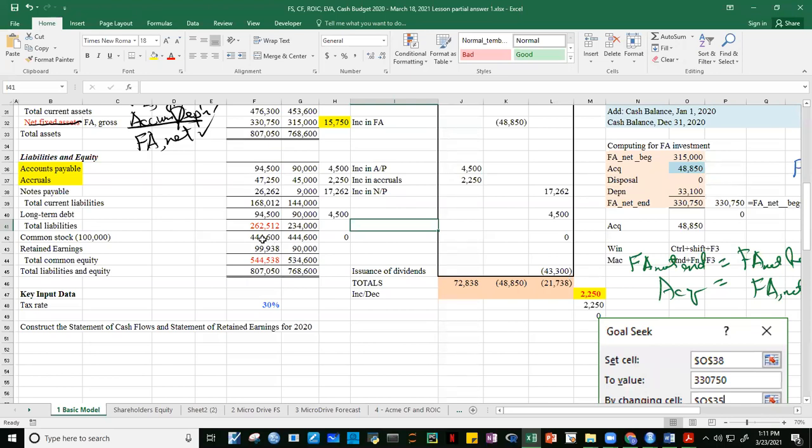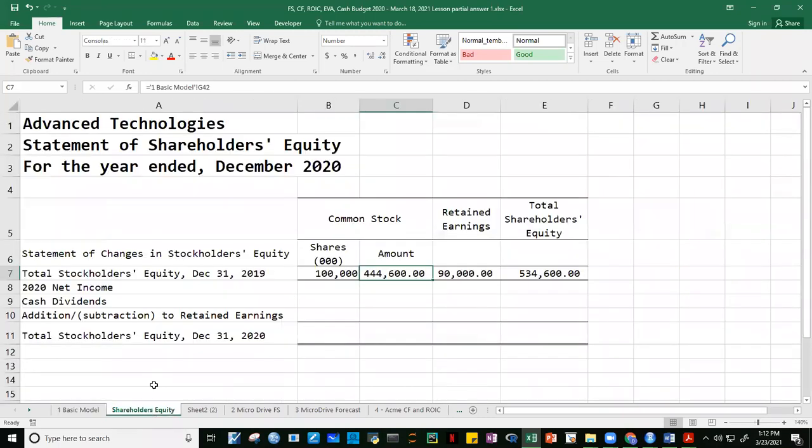So notice guys na hindi naman siya nagbago kasi par value to. So ibig sabihin wala naman in-issue na new shares of stock, no? So 444,600. And then in 2019 guys, nagkaroon daw ng retained earnings na 90,000, no? So ito yung retained earnings ng 2019, okay?